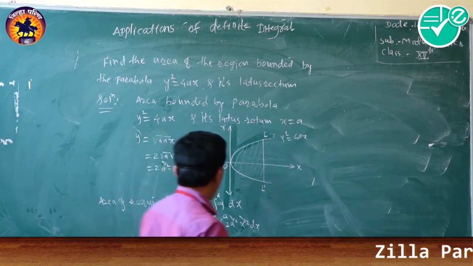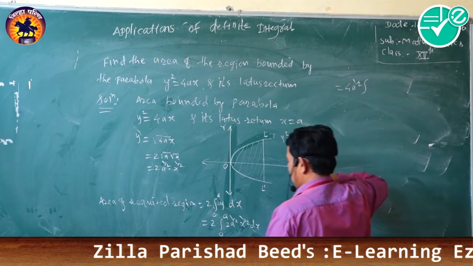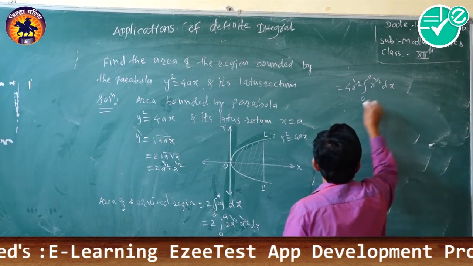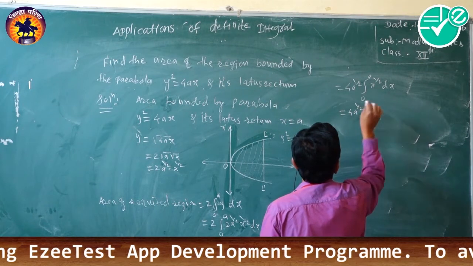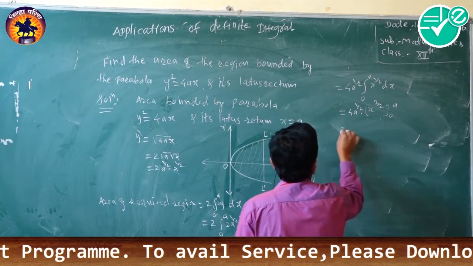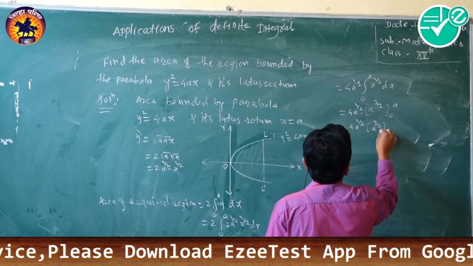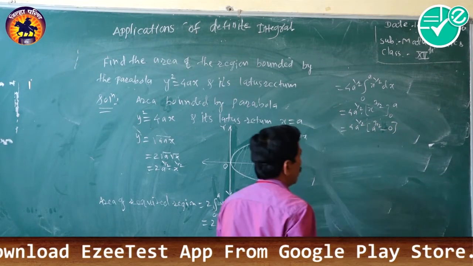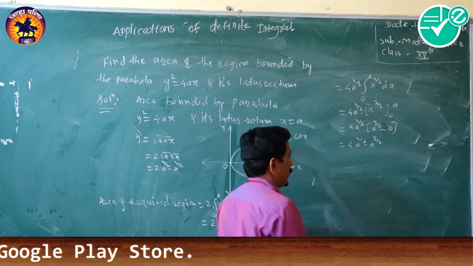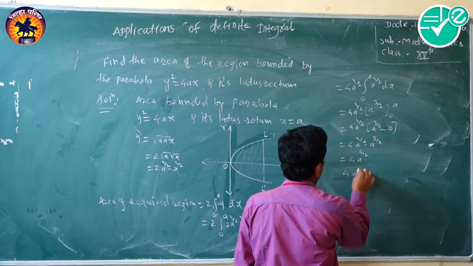Hence 2 into 2 is 4, a raised to half constant, integral from 0 to a of x raised to half dx. This is nothing but 4 a raised to half into x raised to 3 by 2 from 0 to a, which is equal to 4 a raised to half into a raised to 3 by 2 minus 0. This is nothing but 4 a raised to 4 by 2, or 4a square.